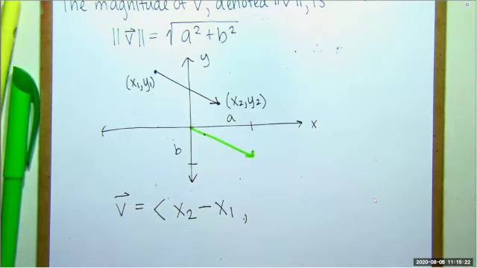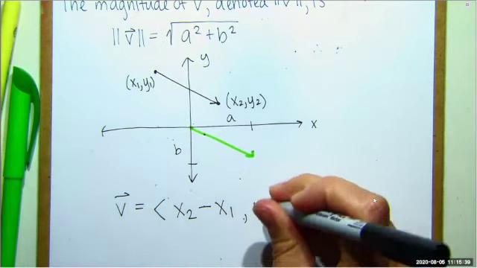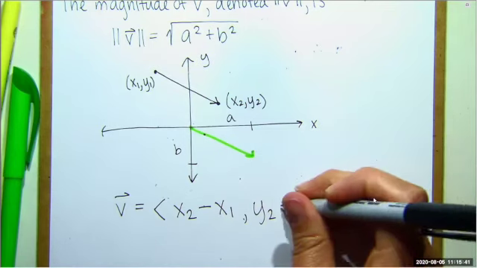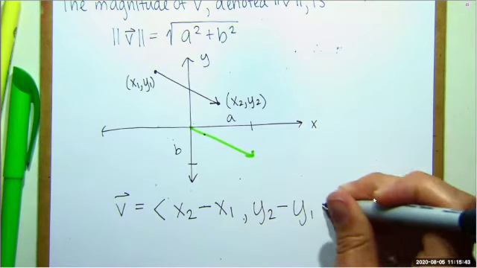For the vertical component, it works exactly the same. Let's say, for example, we started at y equals 1 and ended up at y equals 7. We started at 1, we went to 7. To figure out how far we've traveled, we do 7 minus 1, which is 6. So we take our ending value minus where we started.